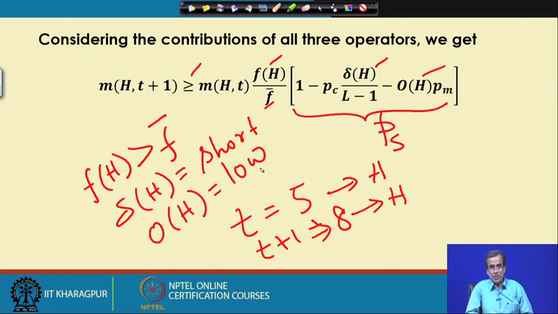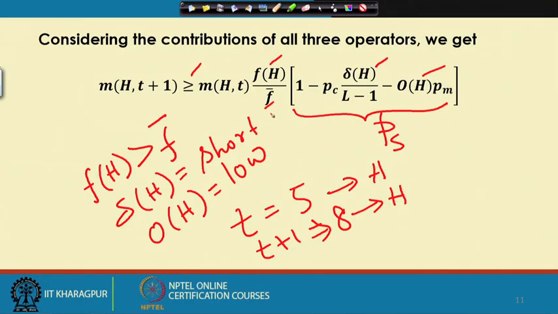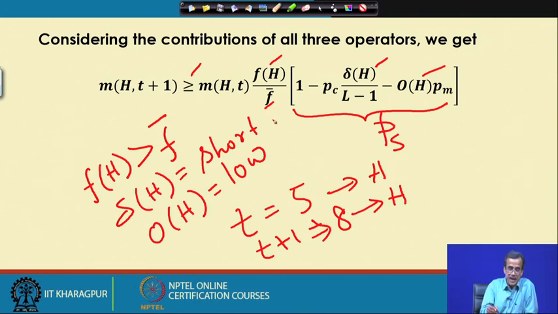Now, in a sentence we can say that if I can find out a schema whose average fitness is more than the average fitness of the population, and it is having short defining length and low order, then that particular schema is a very good schema, and that is going to receive more and more copies, and more GA strings are going to follow that particular schema.